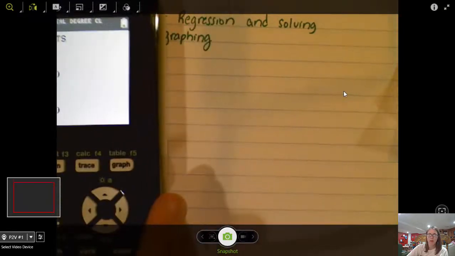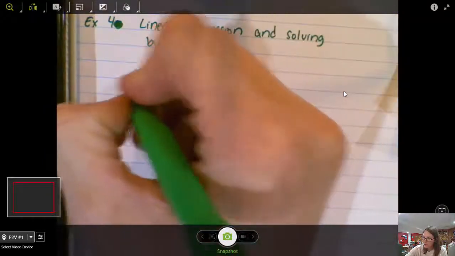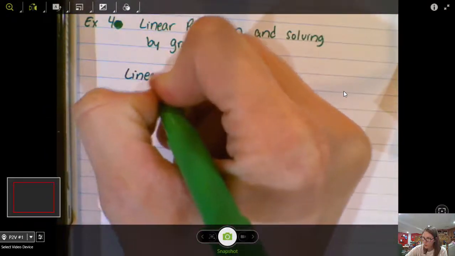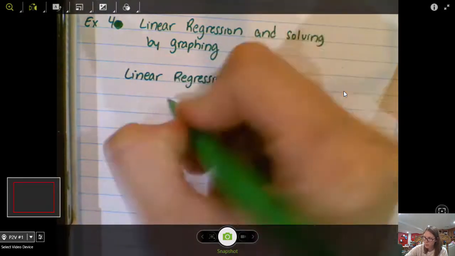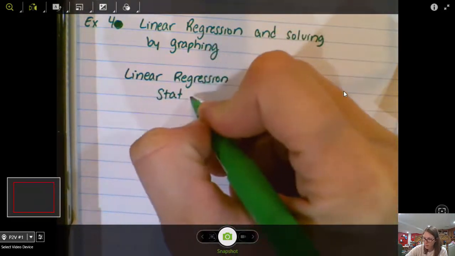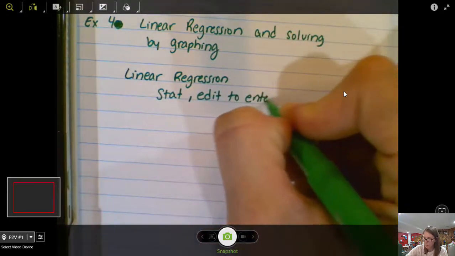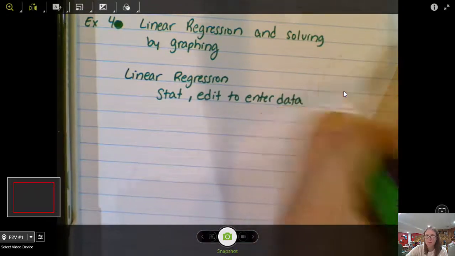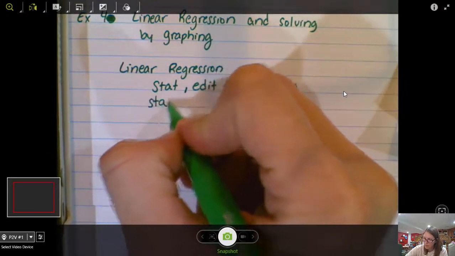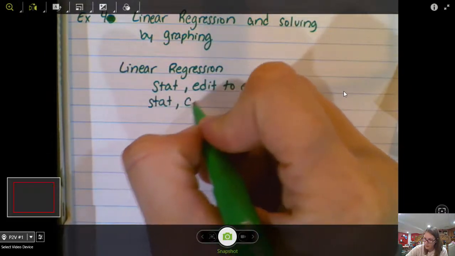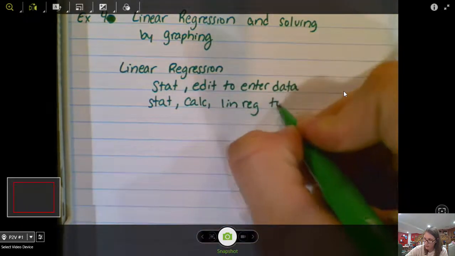Right now I'm just going to write down our process again. For linear regression: stat edit to enter data, stat calc linreg to get your equation.